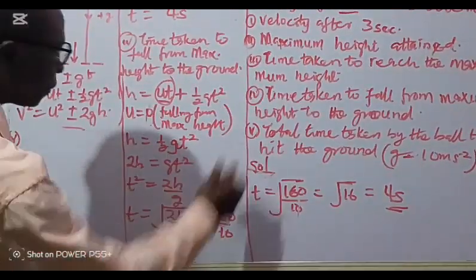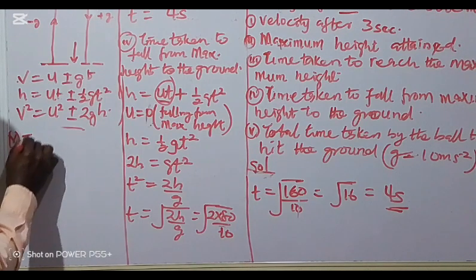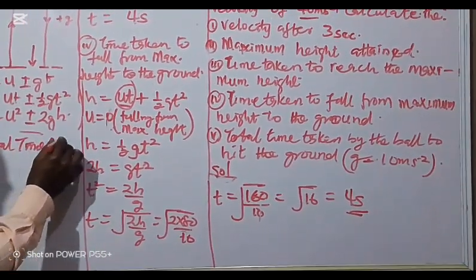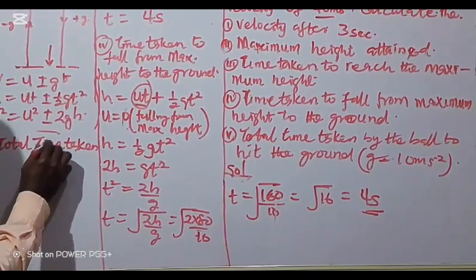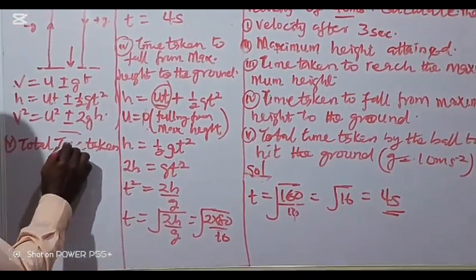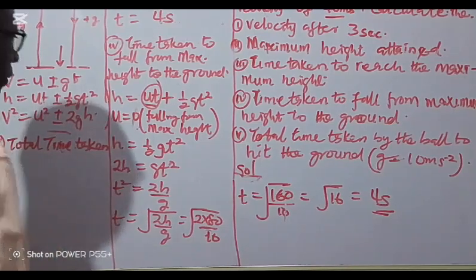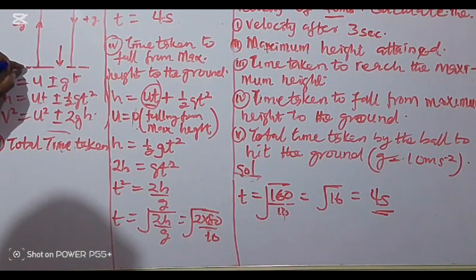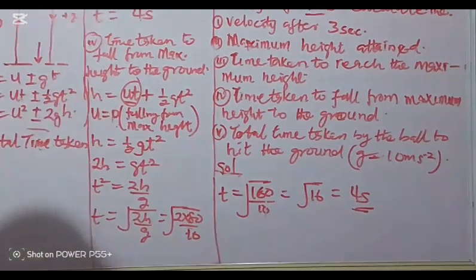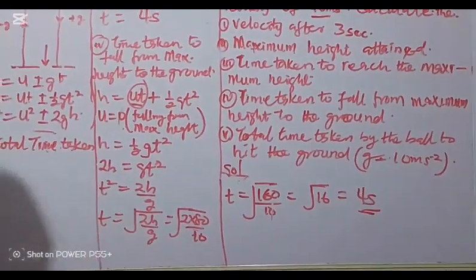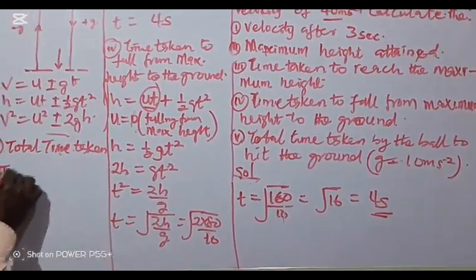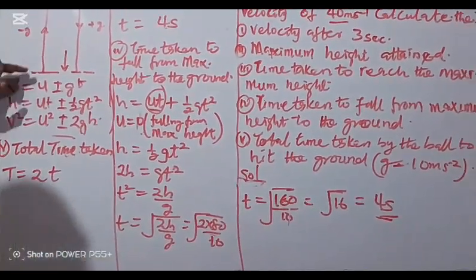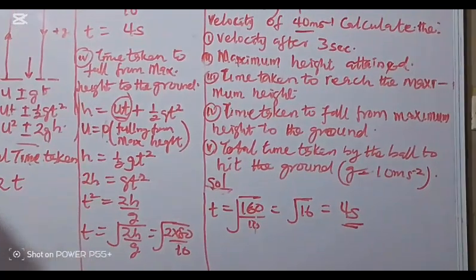Now, the last question, Roman figure 5, total time taken. To calculate the total time taken, according to my last explanation, since the object is moving under the same horizontal plane, we can say our total time T is equal to 2t, once it is moving on the same horizontal level.